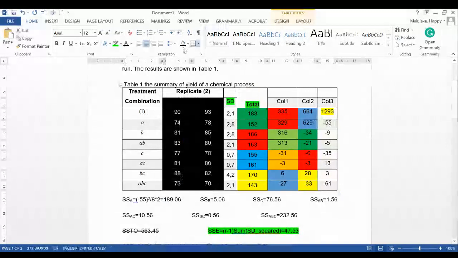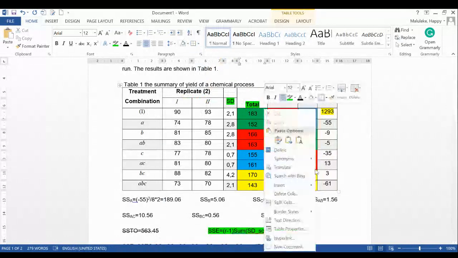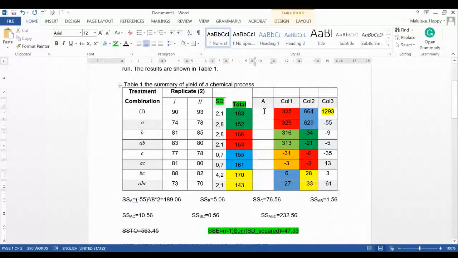Create one column here. Negative and positive. Use signs, guys. Use the signs and the totals.